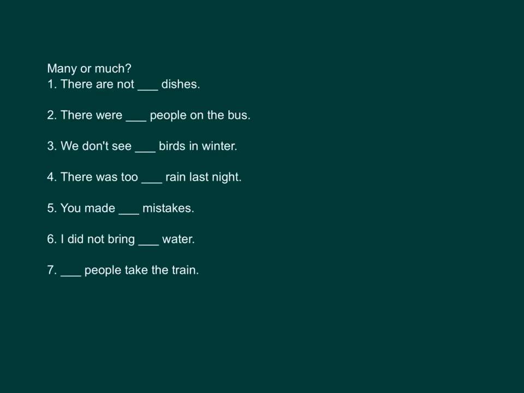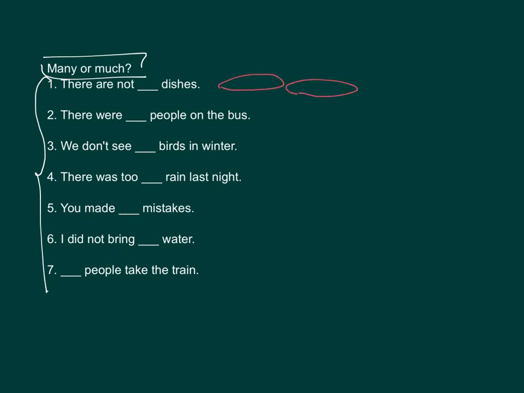Okay. It is time for exercise. Okay, so here are the 7 questions. Many or much. Let you choose. We use many or much in the following questions, okay? So question 1, there are not many or much dishes, and dishes, you know that.